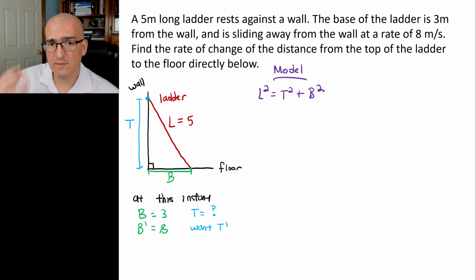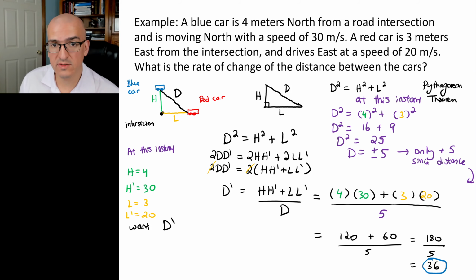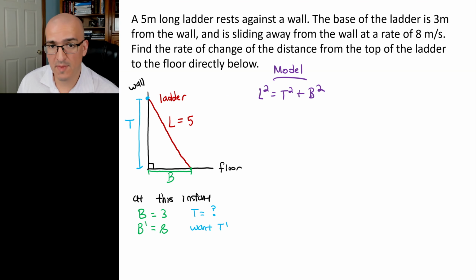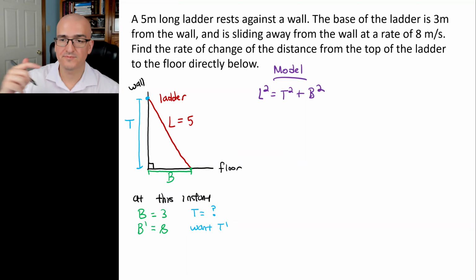And notice that the locations of the inputs in the model are not the same for every question. I have my L along the bottom here. I have my L along the hypotenuse here. Don't fall into the trap of thinking that your labels have to match in all the cases. What makes the equation work is that the hypotenuse, the side opposite the 90-degree angle, is on its own. So hypotenuse squared equals the sum of the squares of the other two sides.